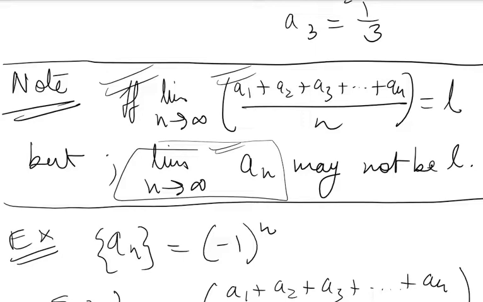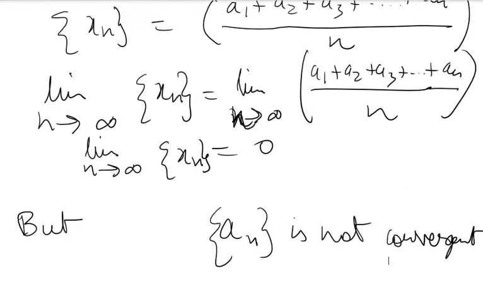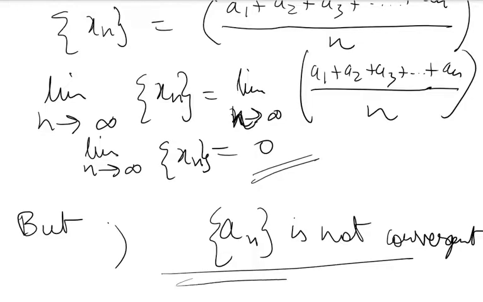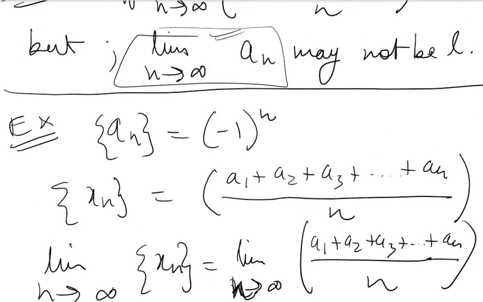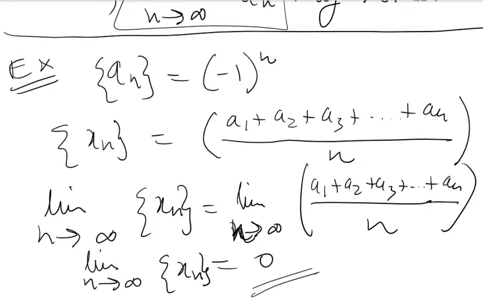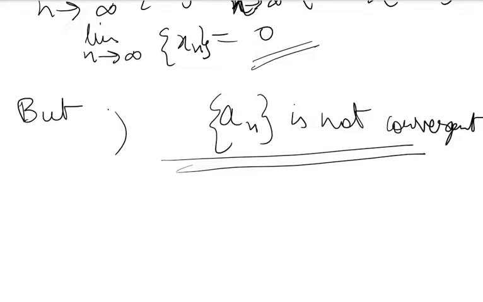So the an should not converge. You will notice that although this part is tending to 0, this an is not convergent. You can easily see from on top, check it out, an is not convergent. So students, this was basically Cauchy's another theorem.